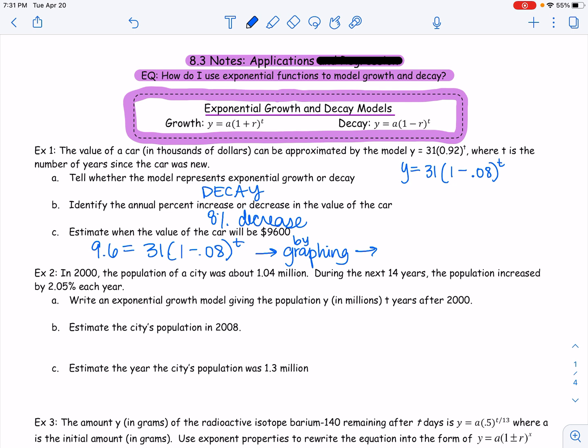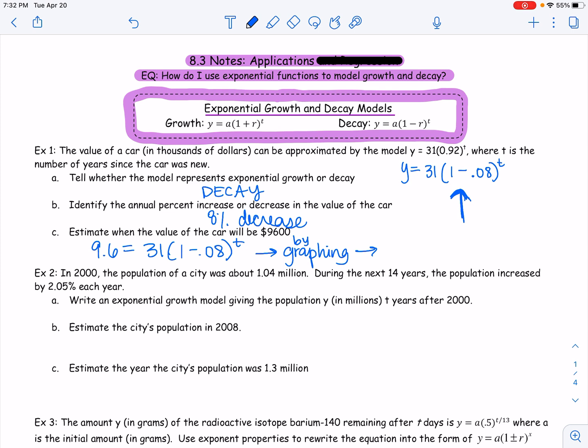Now, here's where I'm going to pause and talk to you about graphing. If you have a handheld Casio, you should be able to plug this formula into your calculator. What you're going to do on your calculator, if you have a Casio, is calculate, or you can do a G-Solve, I believe. You can calculate or G-Solve, and you're going to want an X calculation.